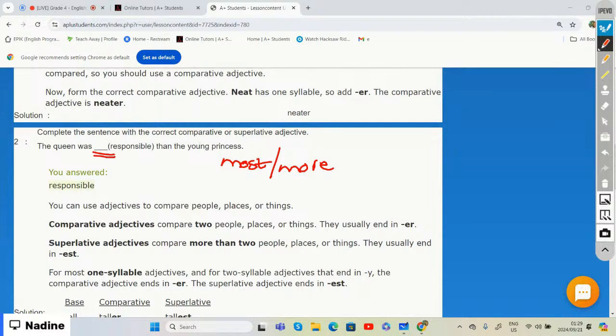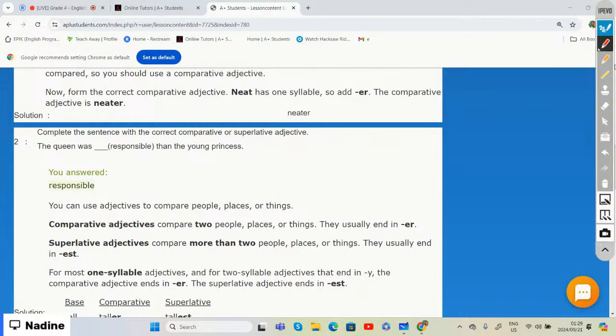The queen was most responsible than the young princess, or do we say the queen was more responsible than the young princess? All right, so we say more responsible.